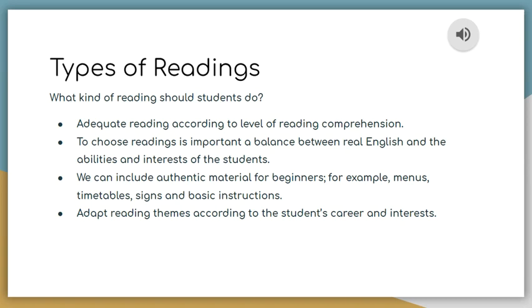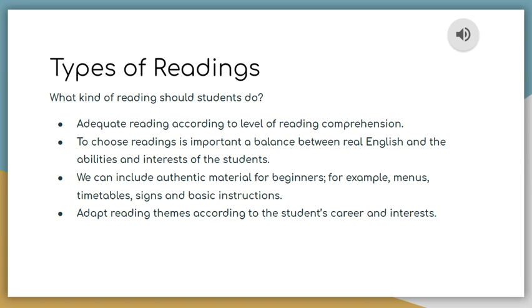On the other hand, we can include authentic material for beginners, for example, menus, timetables, signs, and basic instructions. We cannot forget to adapt reading themes according to the student's career and interests.